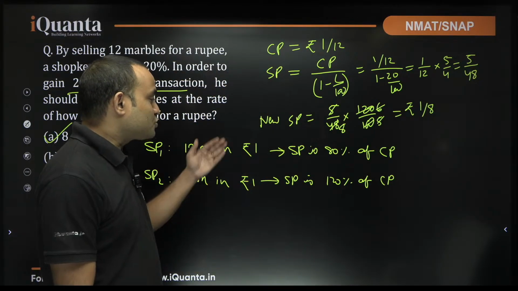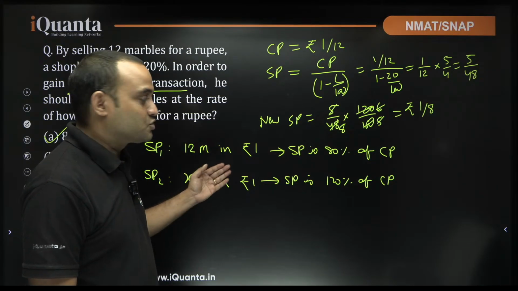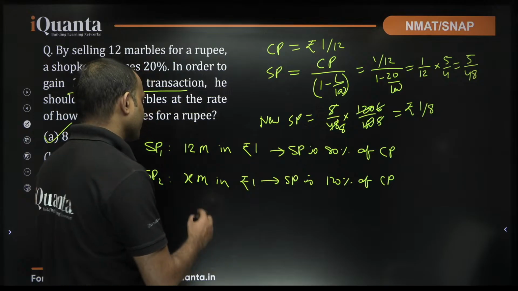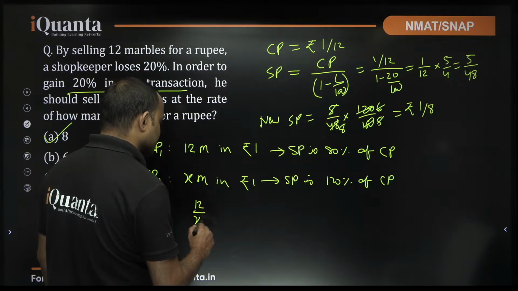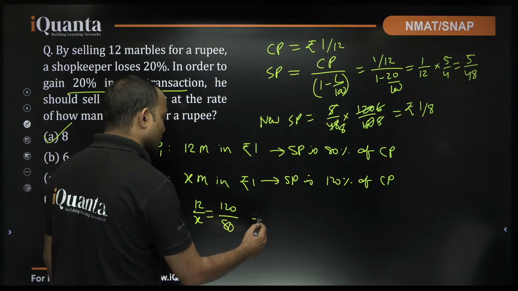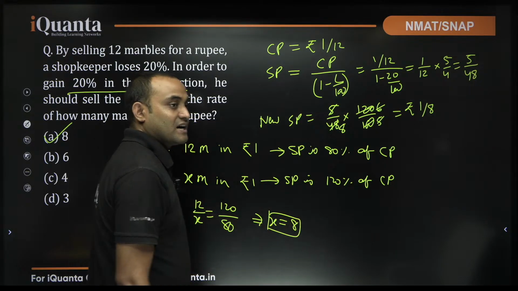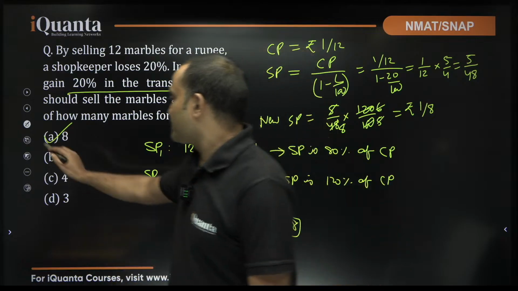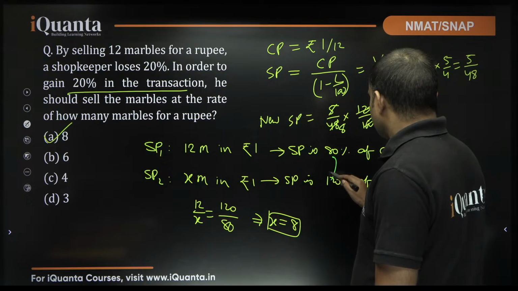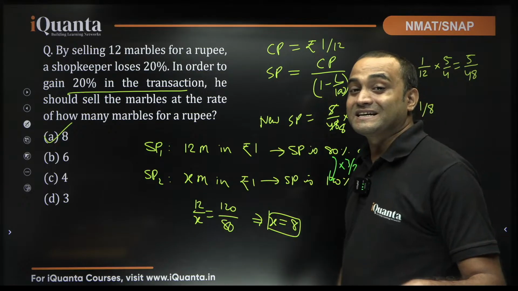So the ratio of the number of quantities should be just opposite to the ratio of the percentages. So 12 upon X will be equal to 120 upon 80, or X is equal to 8. You can directly use that here, right? Or we can also say that selling price is getting 3 by 2 times.